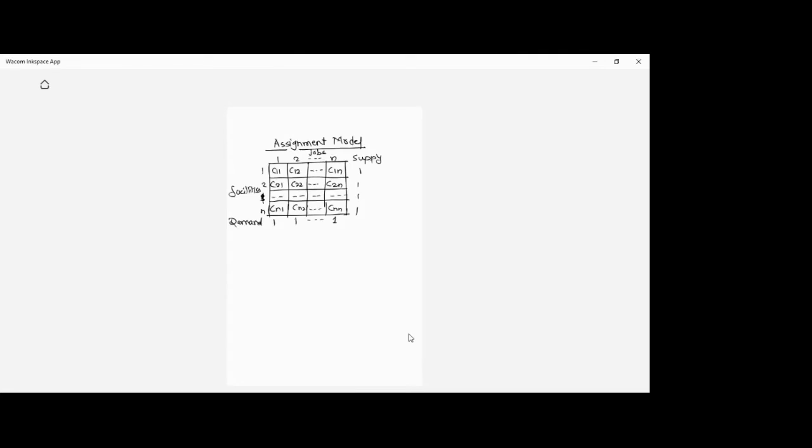Now what this matrix tells us is that the facilities have only the supply that is there, which is only 1, and the demand is also 1.